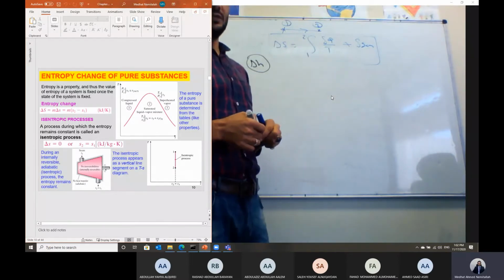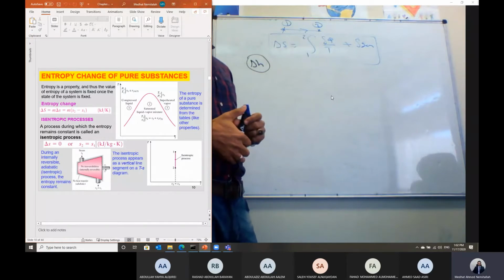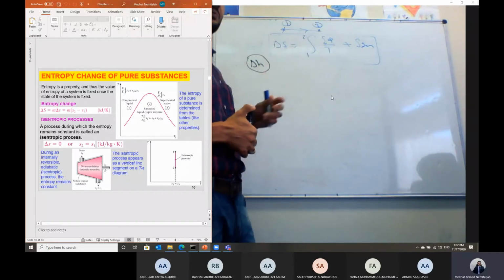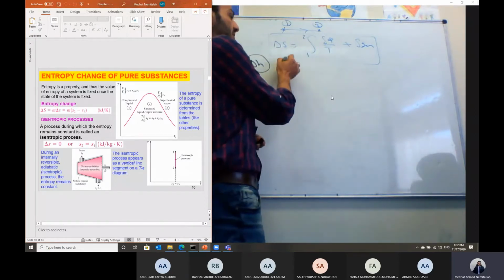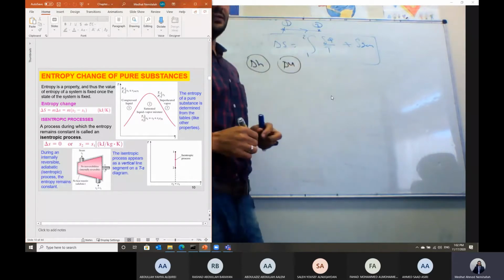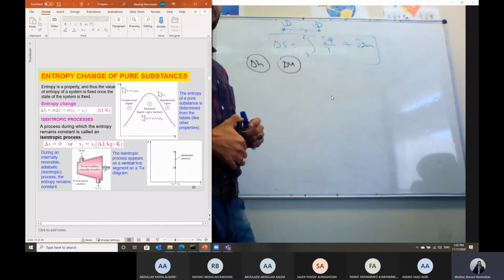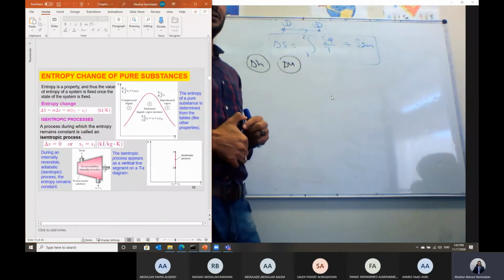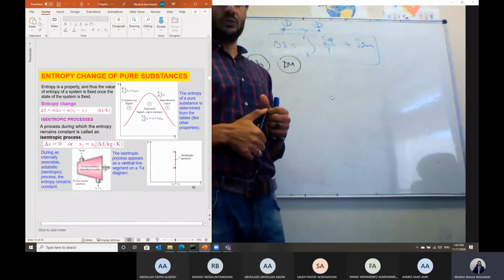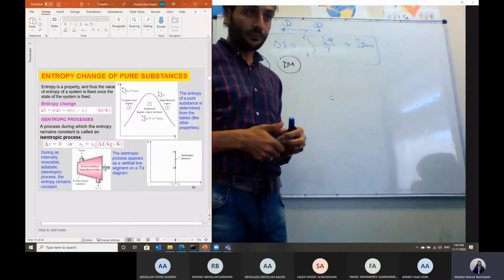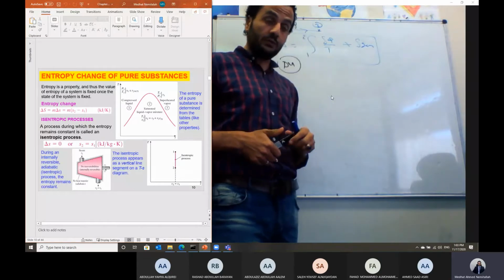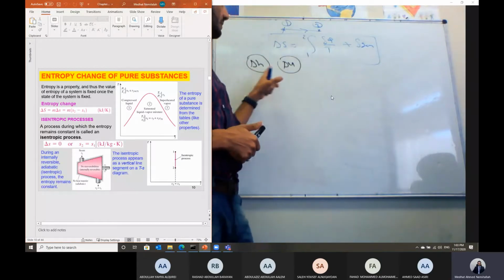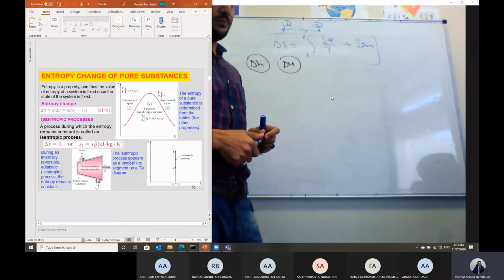And in case of ideal gas, we have constant specific heat analysis and variable specific heat analysis to calculate delta U and delta H. And we have learned also how to calculate delta U and delta H in case of incompressible substance, when we have a liquid or solid substance.